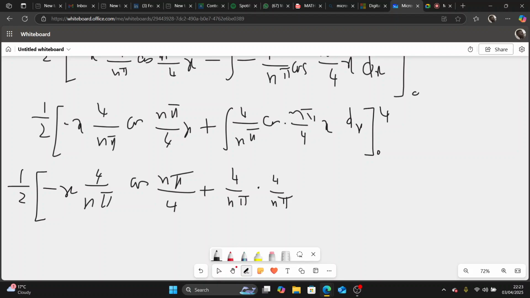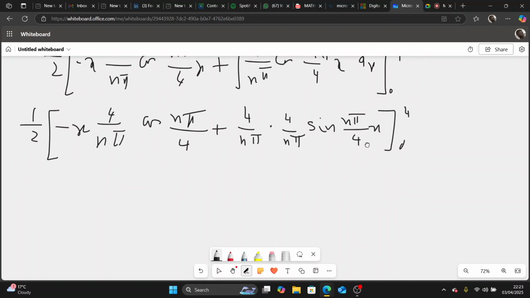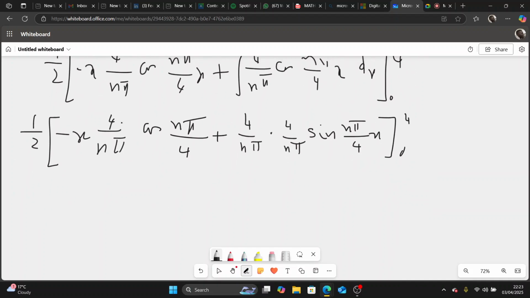Remember when you integrate cos, it is positive. Cos is only negative when you differentiate. Okay. It becomes sine. Now I have my limit from 0 to 4. Now what we're gonna do, we're gonna substitute upper limit and lower limit. Right, manager? Now we can save time here.